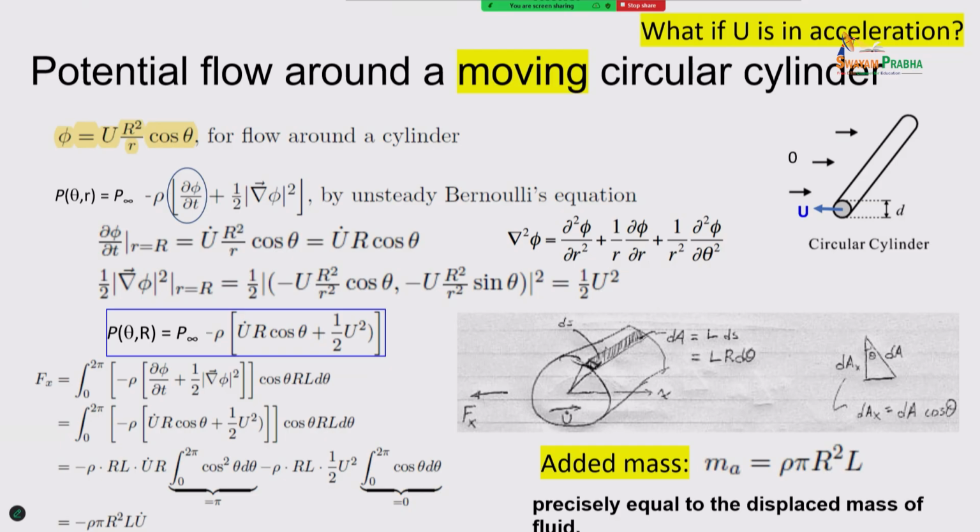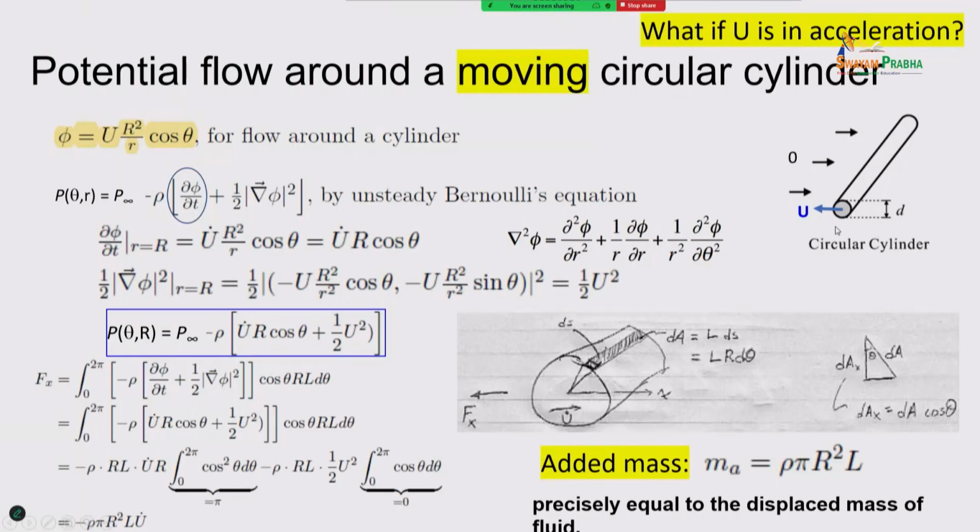Mass is related to the force with acceleration, right? You have mass moving at constant velocity, you wouldn't feel the force. So you feel the force because of acceleration. For this cylinder, it will be exactly the mass of the water displaced by this cylinder. It doesn't matter whether the cylinder is copper or empty, or what kind of shape is inside. It's just the volume of the water with density rho.